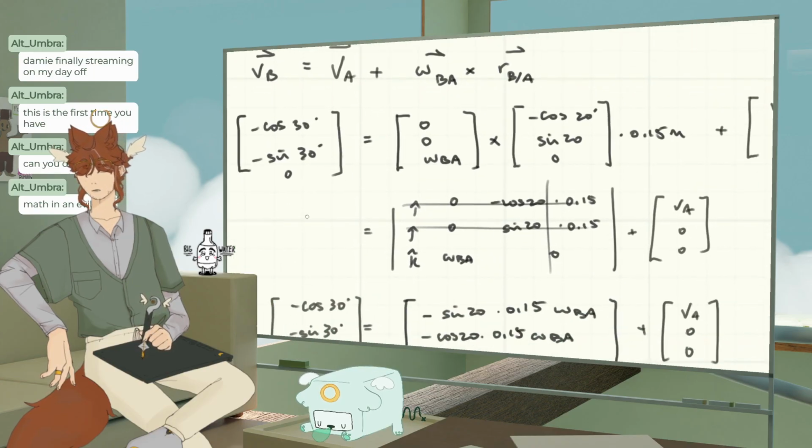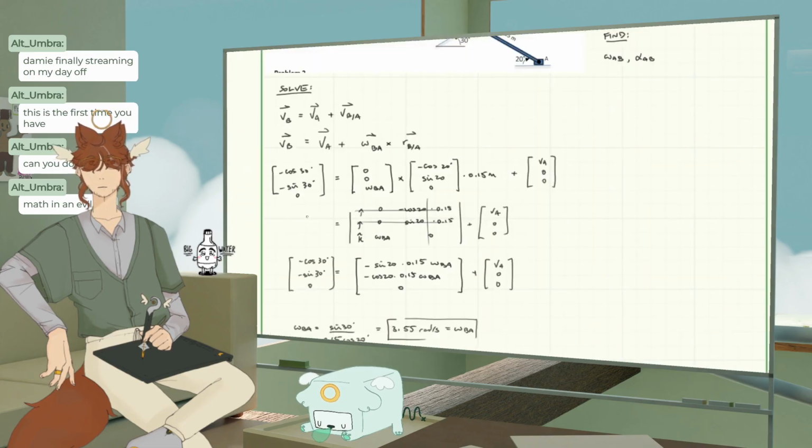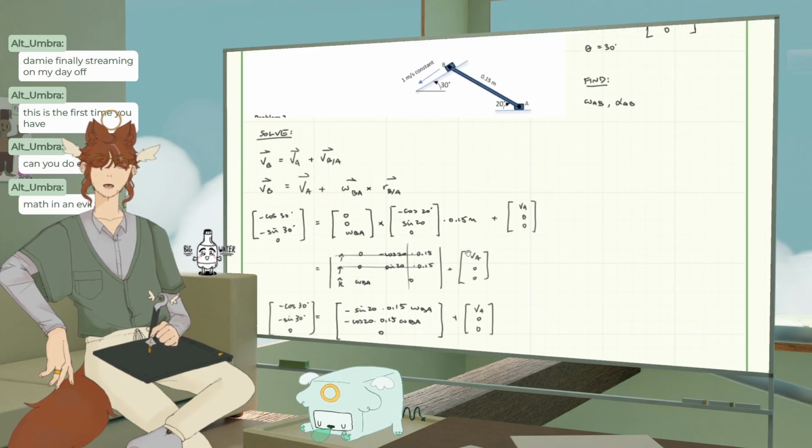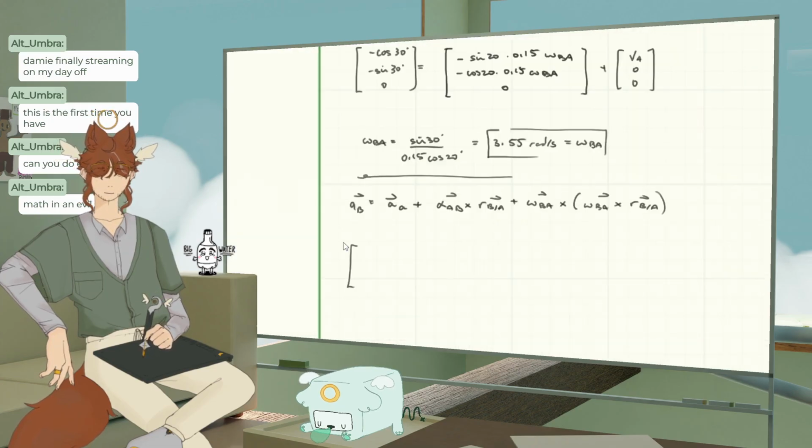Oh shoot, wait, chat, we might have messed up. This needs a magnitude. Oh wait, no, whew, it's constant. They gave us that. Okay, I was worried. It's a constant speed, so it's 0.